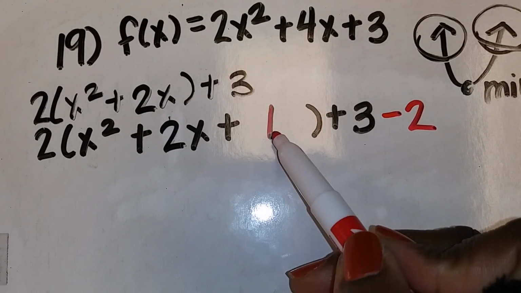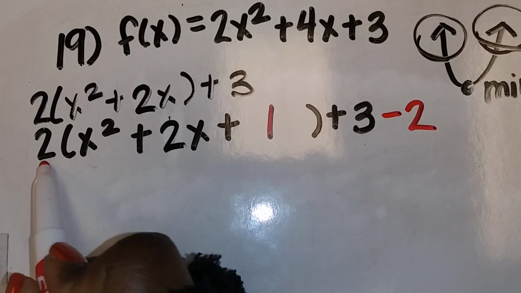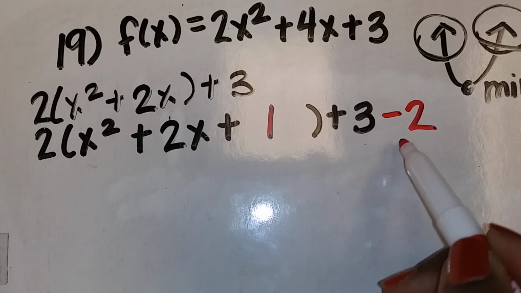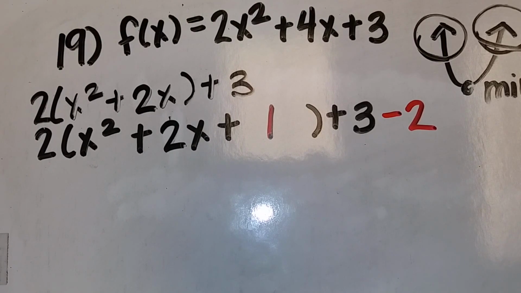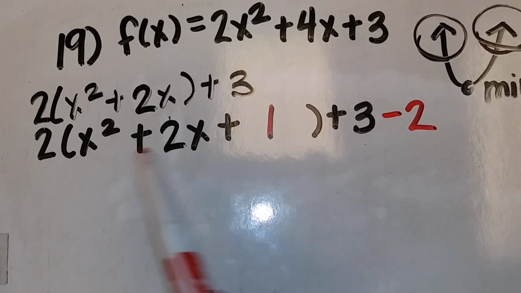Because I added 2, I have to undo 2. So when you think about this, 2 minus 2 is 0. So I added 0 to my problem. Check this on your own and make sure that this still matches the original function. And it should, because all I did was add 0 to the problem.